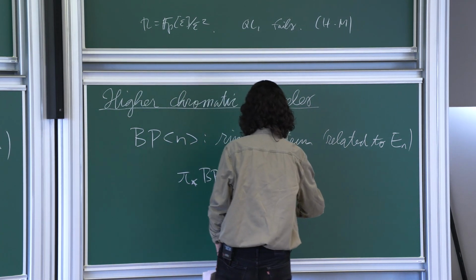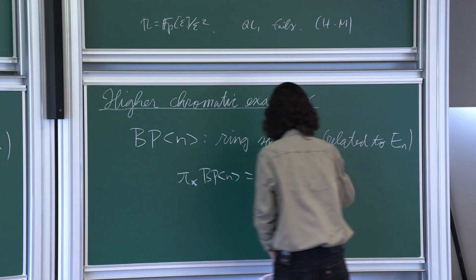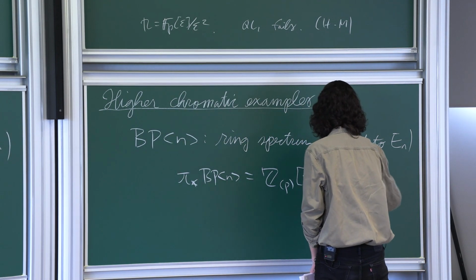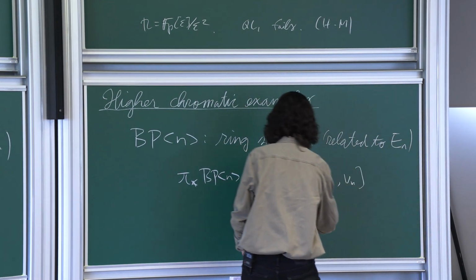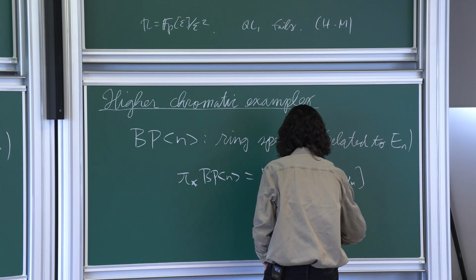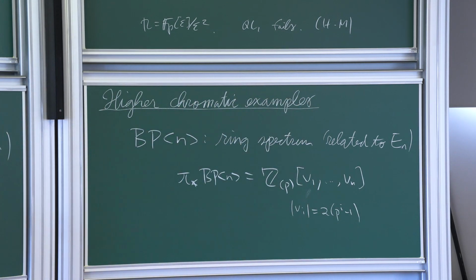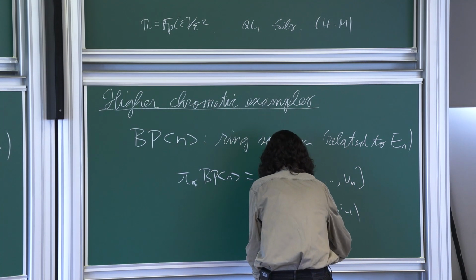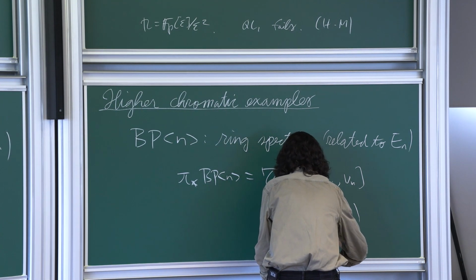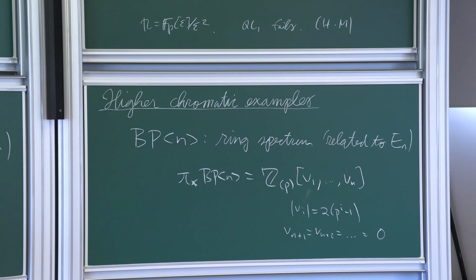It lives localized at p, our implicit prime, and then you have classes that you call v_1 up to v_n, and they live in their correct degrees. The degree of v_i is 2(p^i - 1), which is the correct degree for a v_i periodicity operator. And so to speak, v_{n+1} equals v_{n+2} equals dot, dot, dot. The next ones are all 0, is what you should imagine.